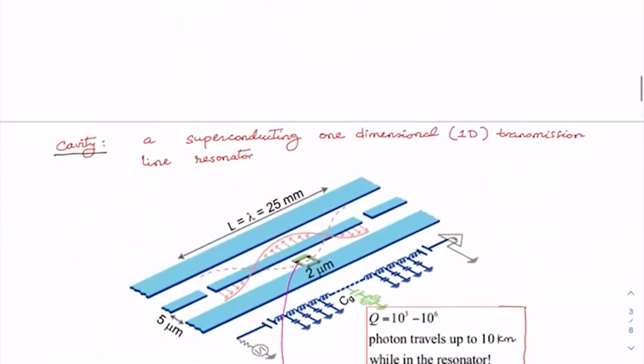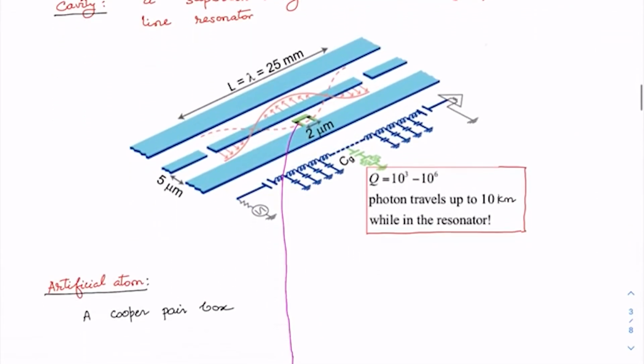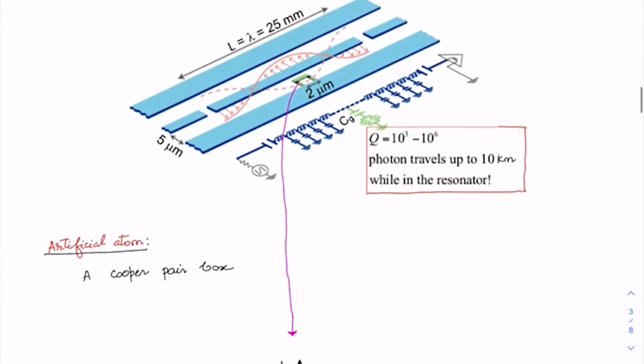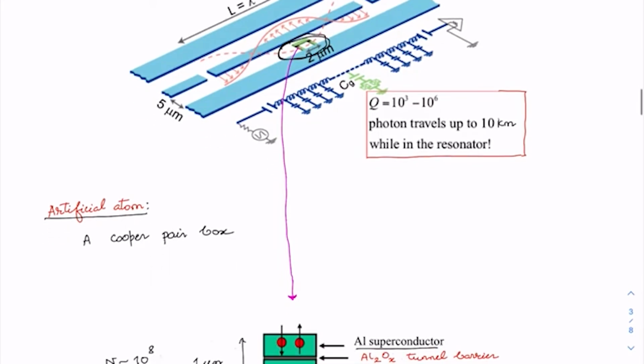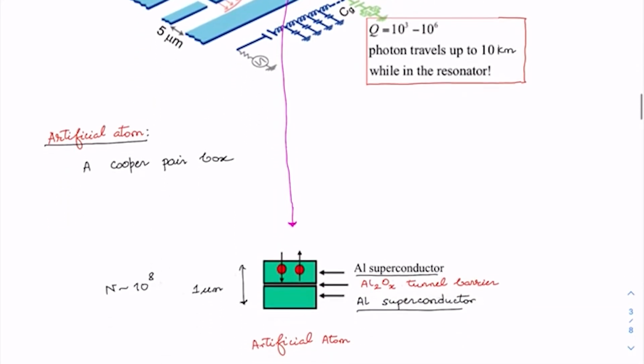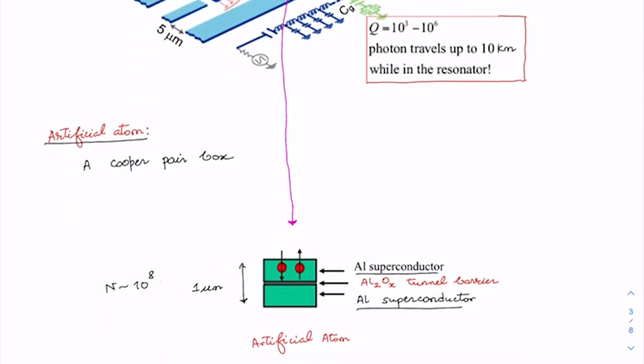So these are artificial atoms, and I am explaining it more here. This particular section, as you see here, is an artificial atom, made up of two superconductors, generally aluminum, with a gap between them, and there is an insulating layer made of aluminum oxide, through which tunneling can happen.